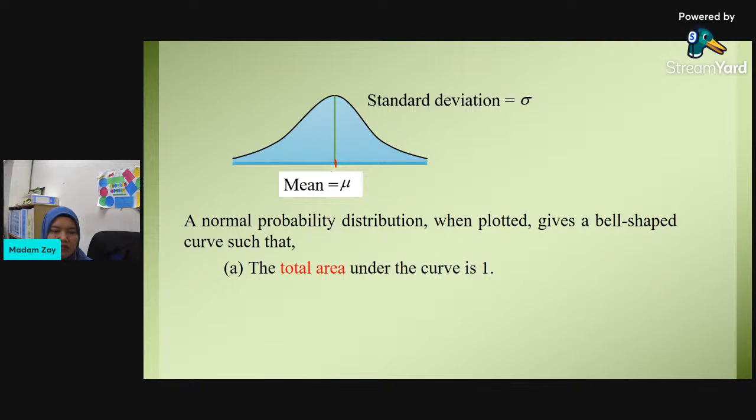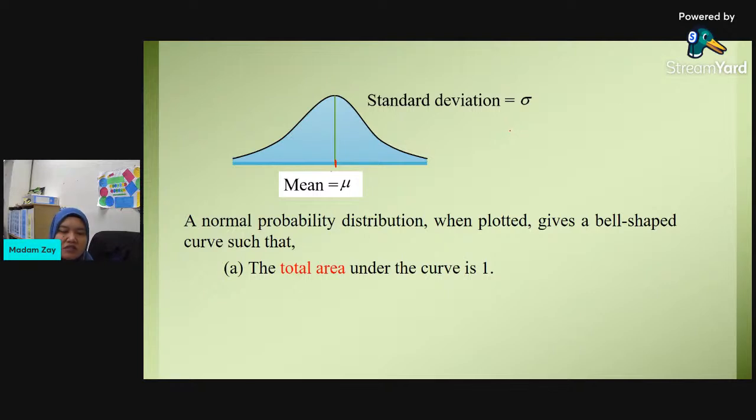Right? The normal probability distribution when plotted give a bell-shaped curve such that, okay, so we know for random variable, what are the characteristics of the random variable? Okay, first of all, siapa ingat? Probability should be in between 0 and 1. From 0 to 1 lah. We cannot have a negative probability and we cannot have probability more than 1.